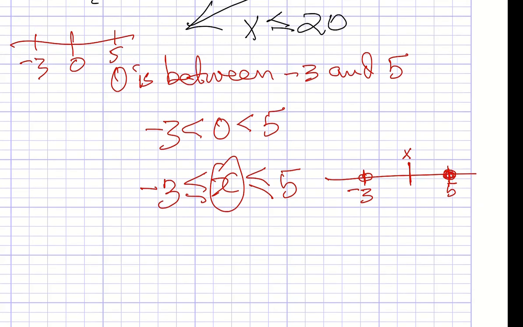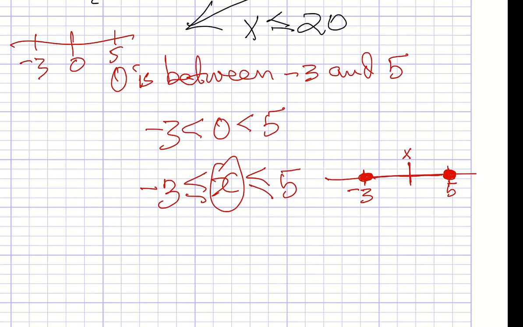Then you have to shade it like that. Basically, that's saying that X is between minus 3 and 5, and both minus 3 and 5 are included. So you're gonna shade that like that.